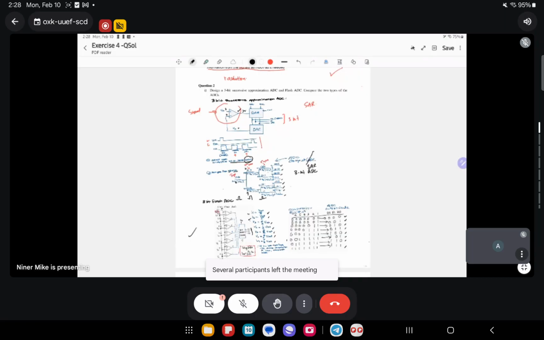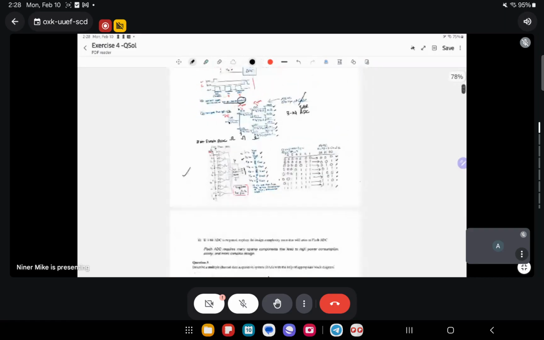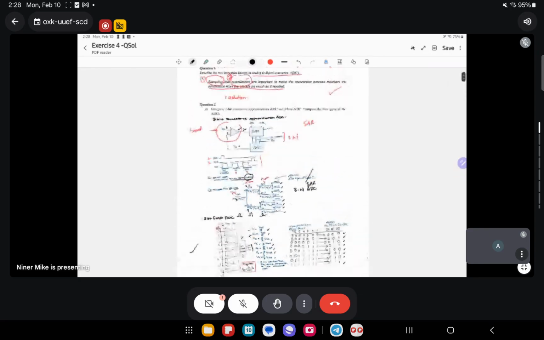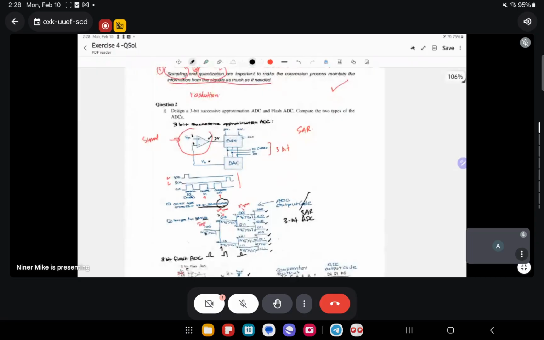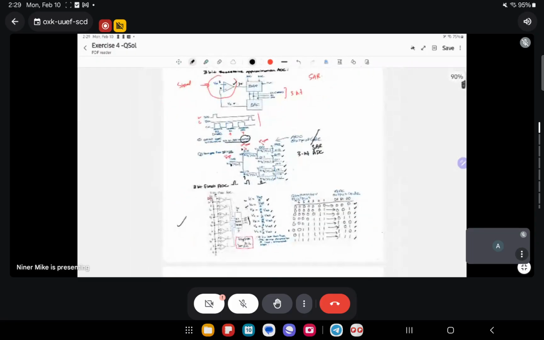Okay. So complex means what? You have a complicated design, with a lot of components inside to buy and put in. So I would agree that flash is more complex and simpler is the SAR. Okay. Right. So in terms of cost, what do you think?